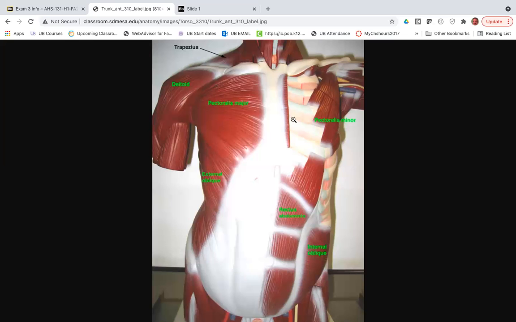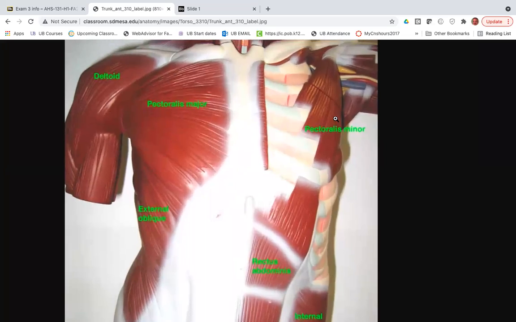Now, on the left side, or our reading right, which would be this person's left, we're taking pec major and we're cutting it. We're deflecting it or dissecting it, so that now we can see pec minor.